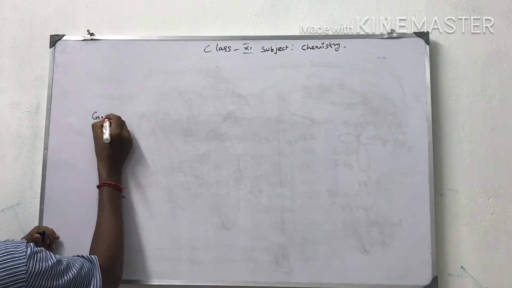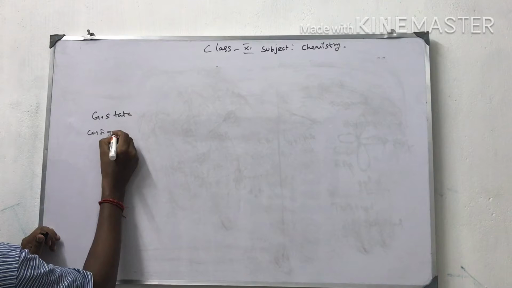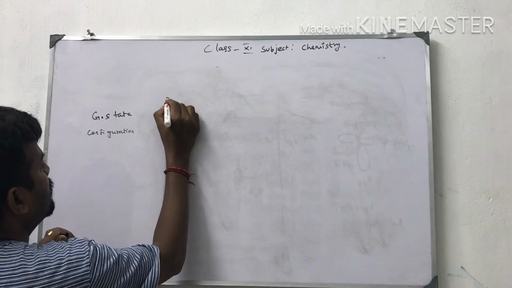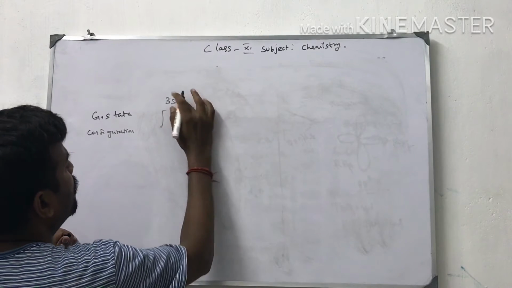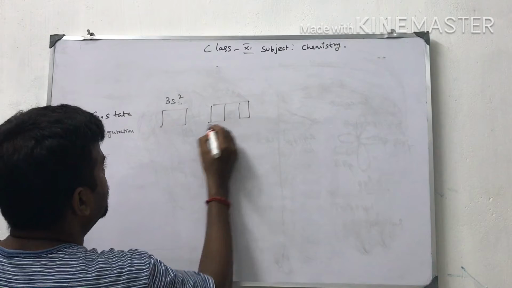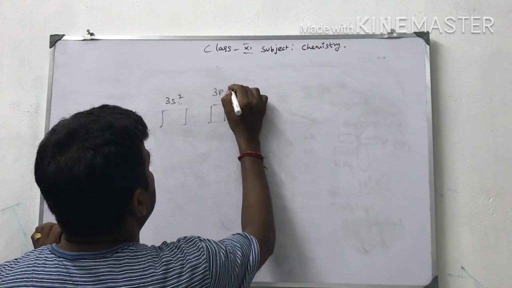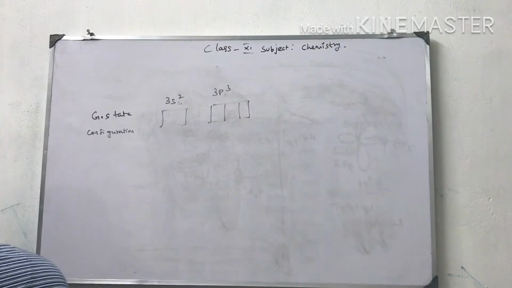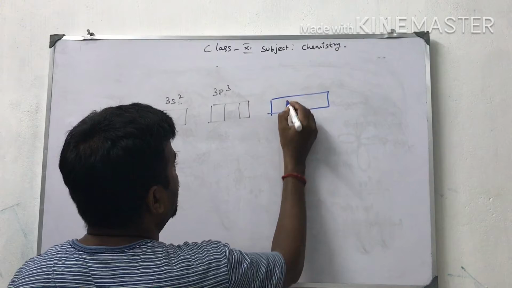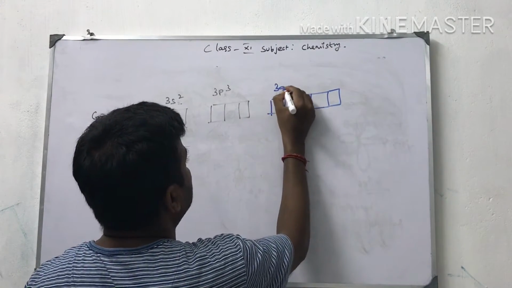See, the ground state configuration. We already know we have to draw only the valence electrons: 3s2, 3px 3py 3pz, and I am going to draw the 3d orbitals.